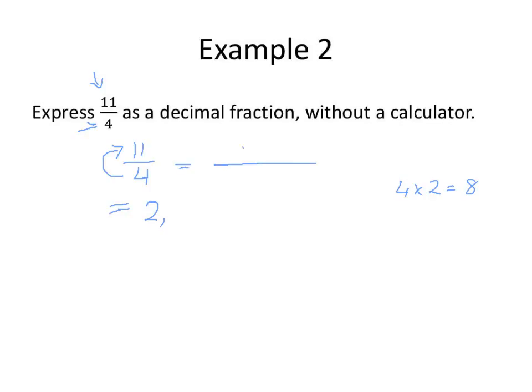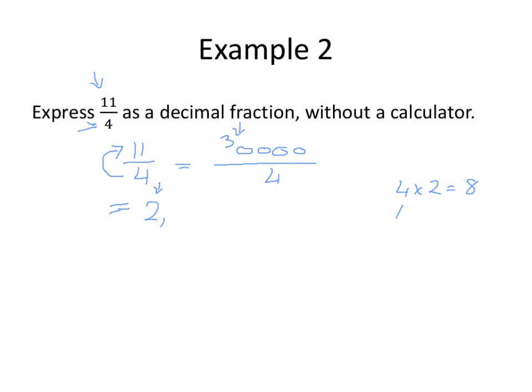So we keep our line and write our zeros over here. Remember, we divide by 4. 4 times 2 is 8, so I wrote my 2 here. But there is a remainder. To get from 8 to 11 is 3, so that's my remainder. And this new number is not just 3, it's 30.